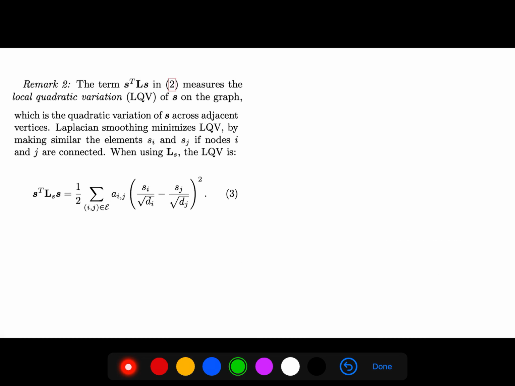The term S transpose LS measures the local quadratic variation of S on graph, which is the quadratic variation of S across adjacent vertices. Laplacian smoothing minimizes LQV by making similar the elements S sub I and S sub J if nodes I and J are connected. When using L sub S, the LQV is this one, S transpose LS.